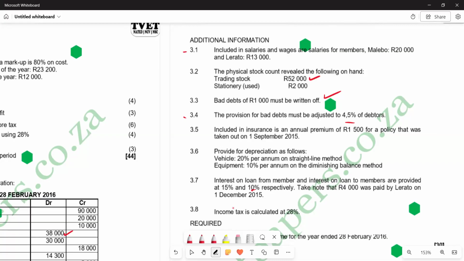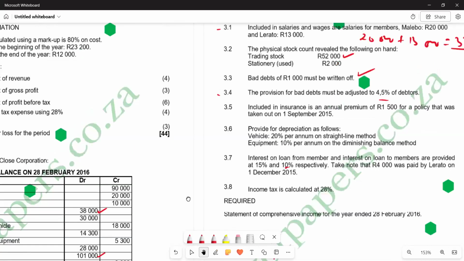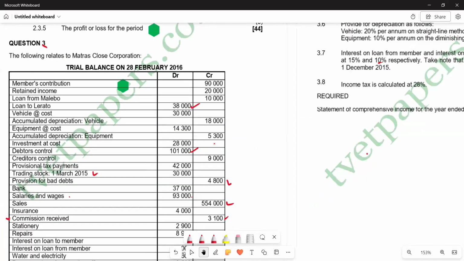So if you add the two, 20,000 plus 13,000, we're going to get 33,000. So we're going to subtract 33,000 from the figure for salaries. Remember, the figure that we are using is 93,000, and we subtract 33,000.